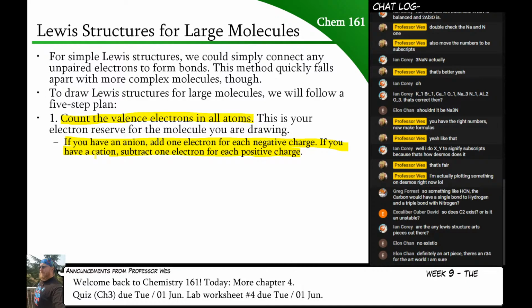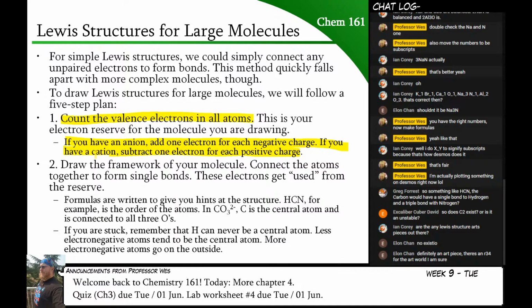Once you've counted all of your electrons, the next step is to draw a sort of skeleton. So this is a rough sketch of what your molecule looks like. It is the most basic framework with one bond connecting all of the atoms together. In the molecules that we're going to be working with in this class, some atom goes in the middle, and all of the atoms are bonded to it.